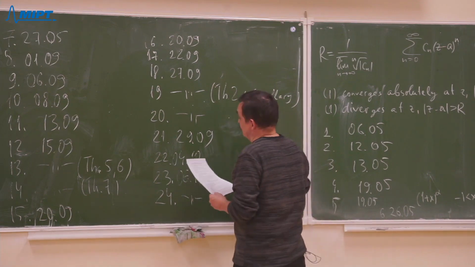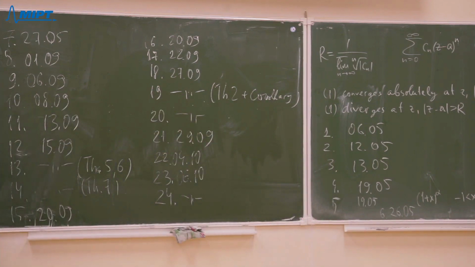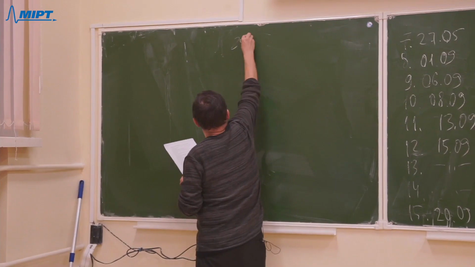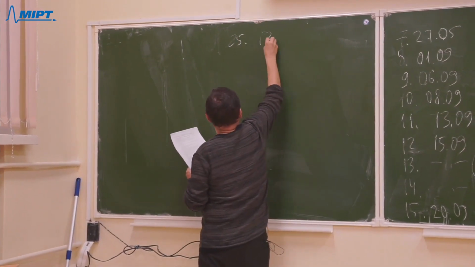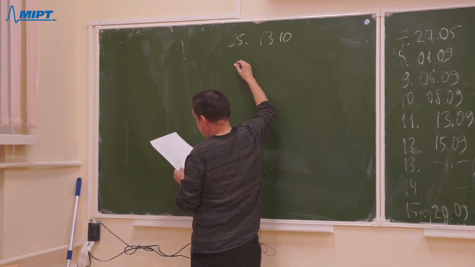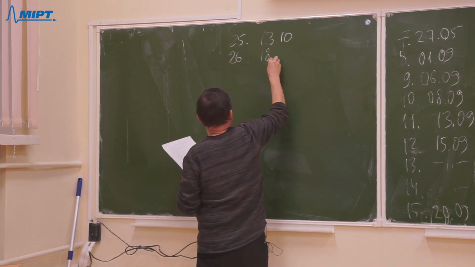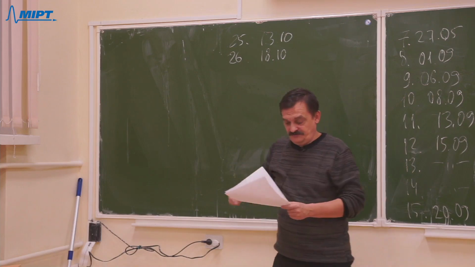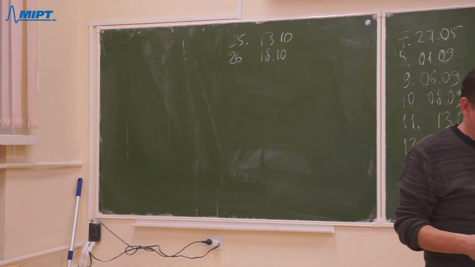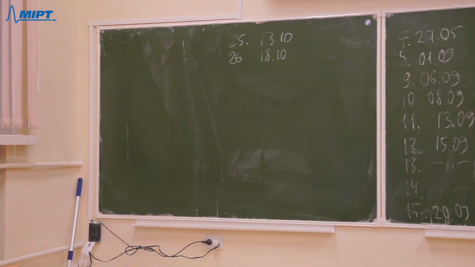So, question 25, it was the 13th of October, 26, the 18th of October. So, definitions and theorems, how to compute those integrals.